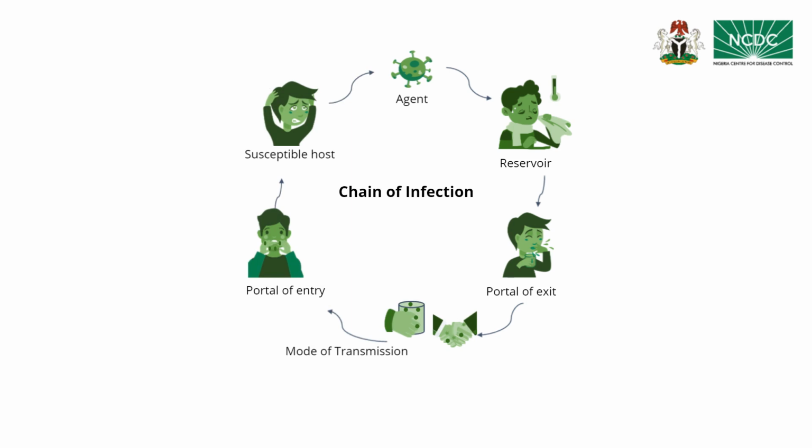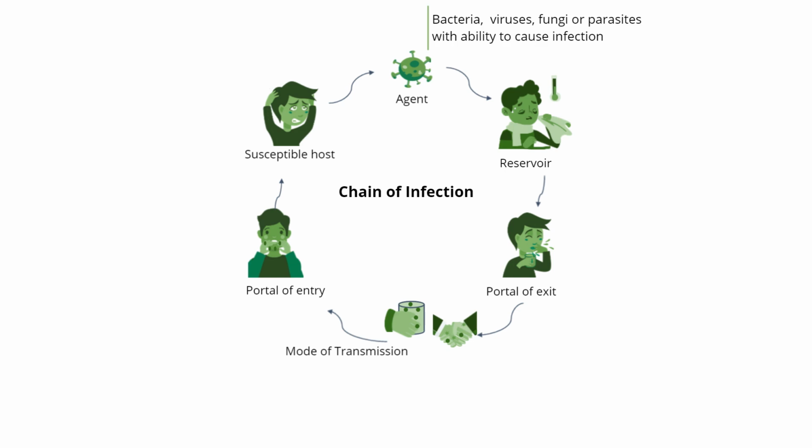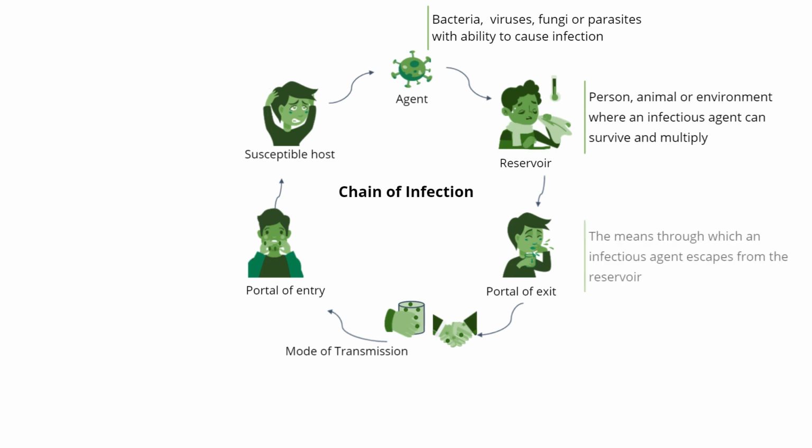Infectious agents include bacteria, viruses, fungi, or parasites with an ability to cause infection. A reservoir refers to a person, animal, or environment where an infectious agent can survive and multiply. The portal of exit is the means through which an infectious agent leaves the reservoir to a susceptible host.